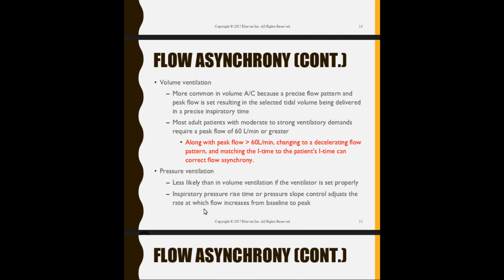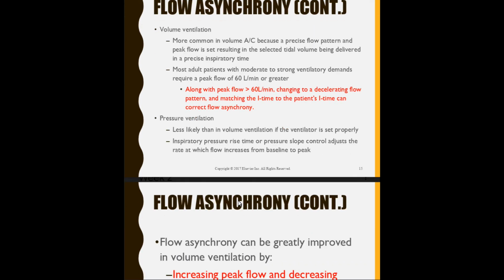Most likely it's going to be your I time. Remember, in pressure ventilation, we set I time. We want to make sure the I time matches the patient's I time. You can look at the different flow patterns, but in pressure control, just set the I time as close to the patient's as possible, and that should fix it.